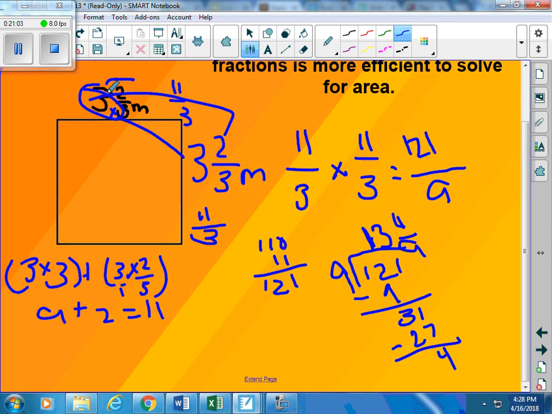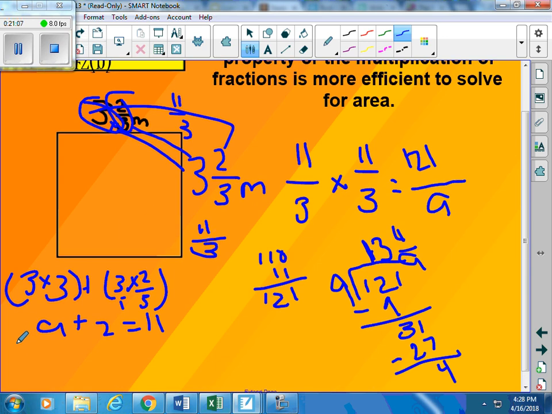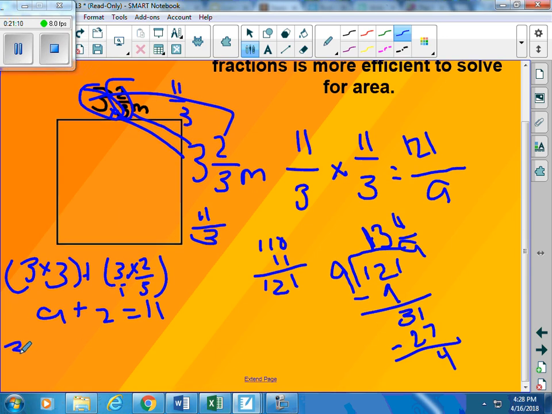Now I have to multiply both of these by 2/3. So I'm going to take 2/3 times 3 plus 2/3 times 2/3. All right, well, I already figured out that this is going to be 2 times 3 equals 6 over 3.